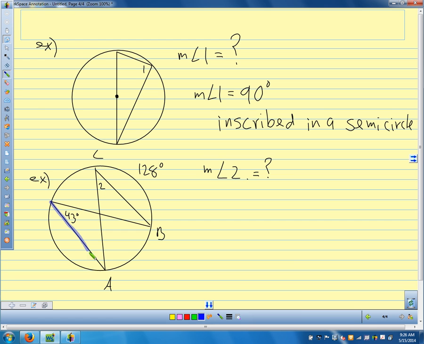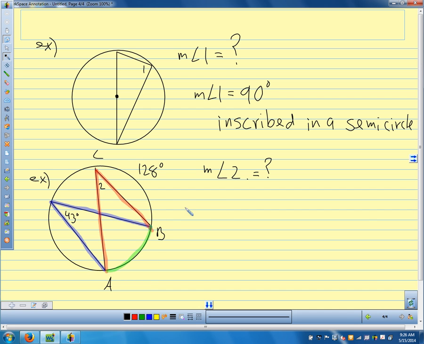Let's do a little highlighting here. Here's one angle that we know, an inscribed angle that we know. Here's another inscribed angle that we're looking at. What do these two share? They share arc AB.